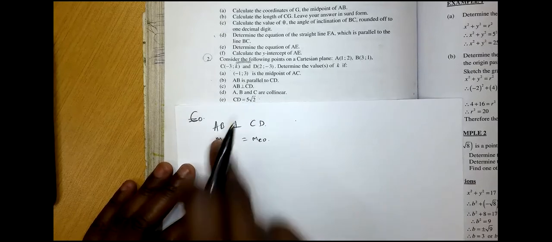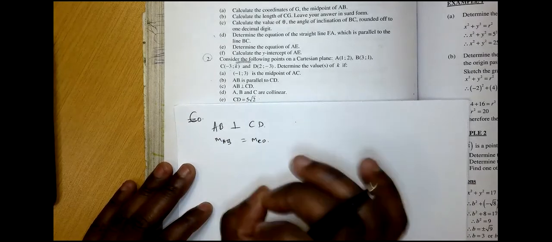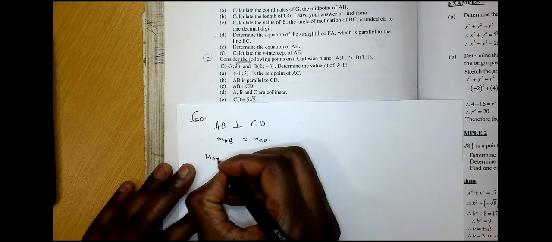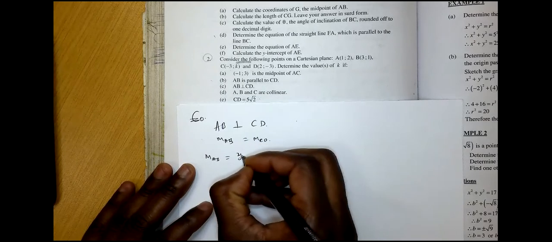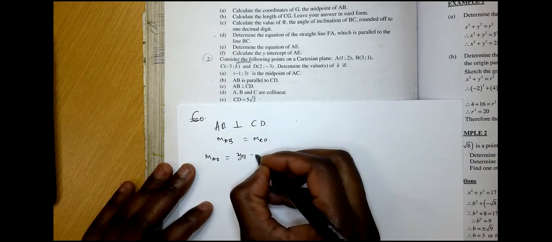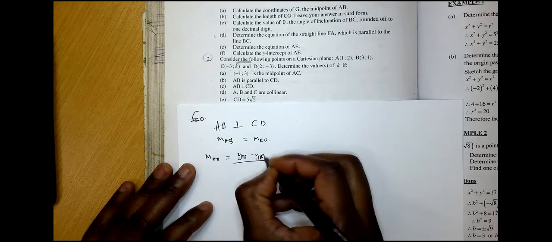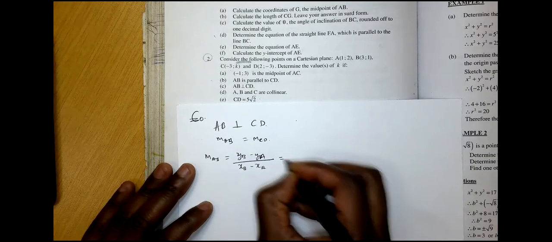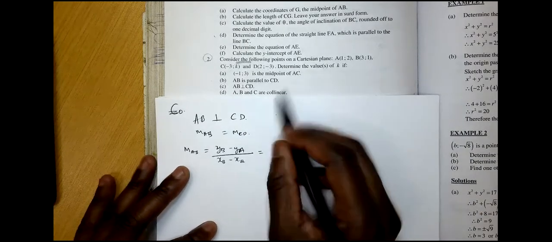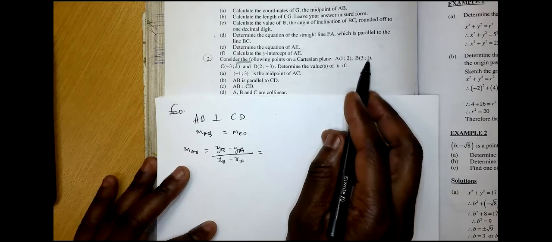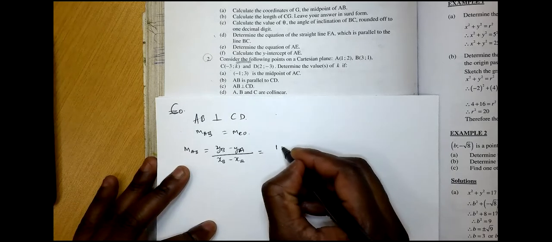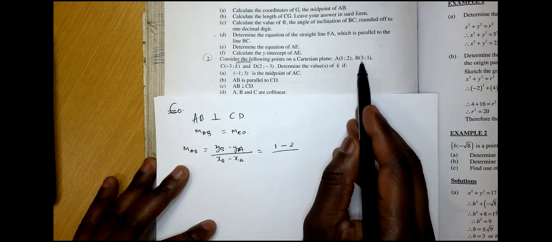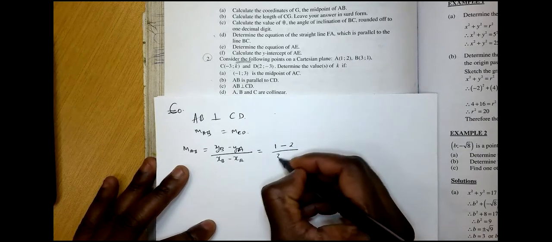We must first calculate the gradient of AB. m_AB is equal to change in y, yB minus yA, over xB minus xA, which is 1 minus 2 over 3 minus 2.